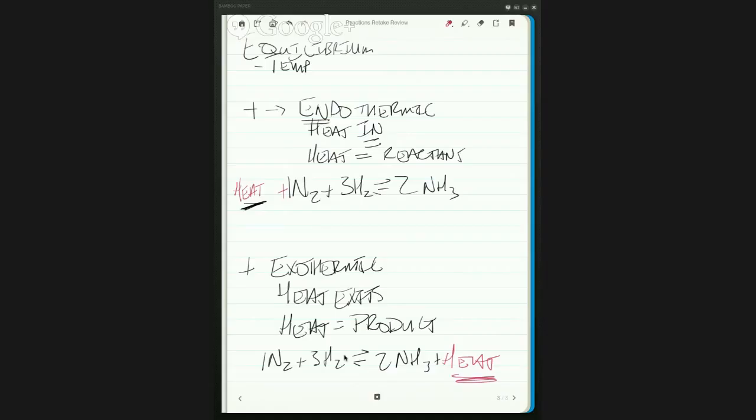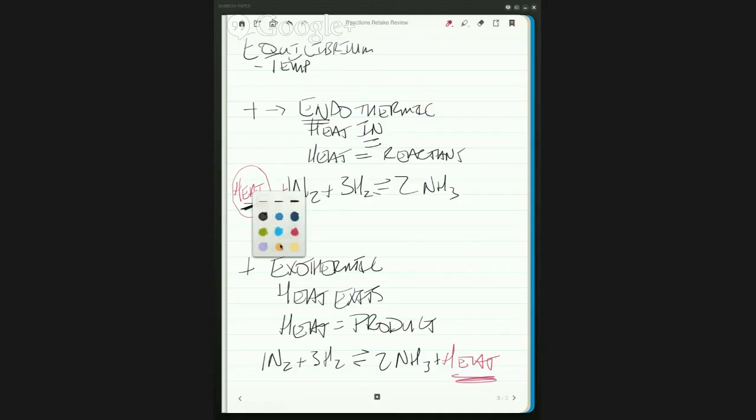And then the next question, once we've done that, then you just treat it just like you would concentration. You have to get this part down first. If you don't get this part down first, it could be very confusing. So if it's endothermic, heat's a reactant, and we increase the temperature.